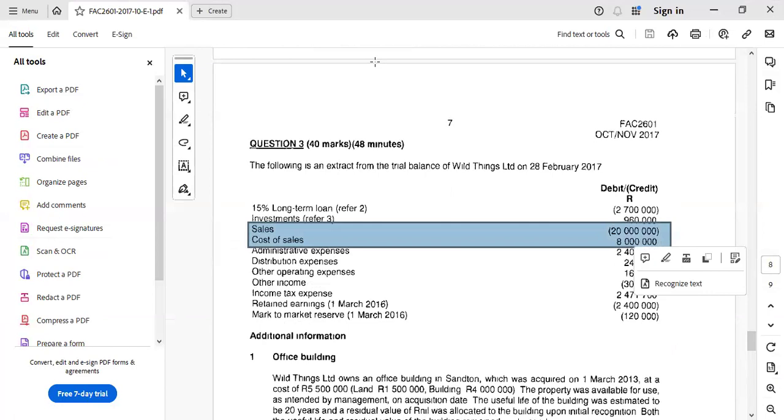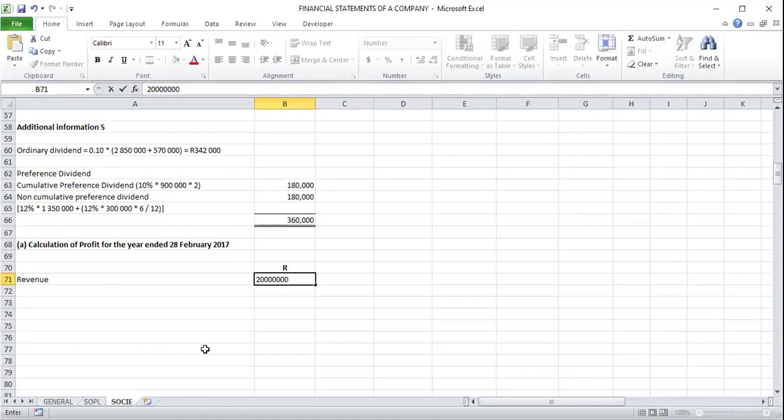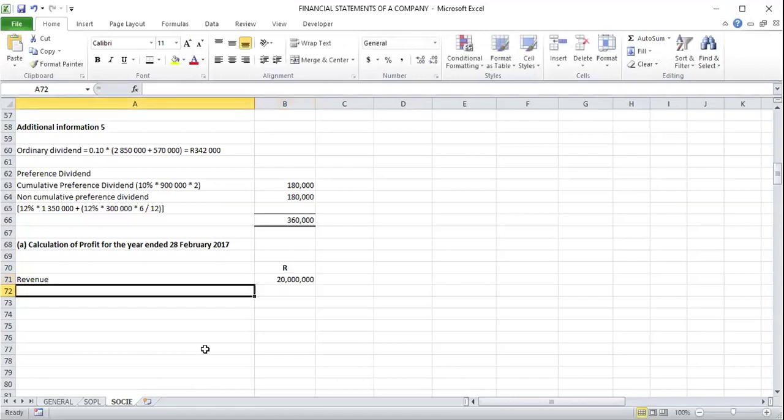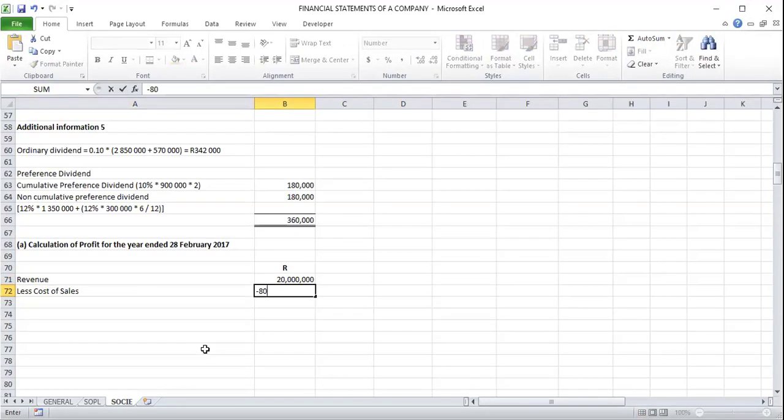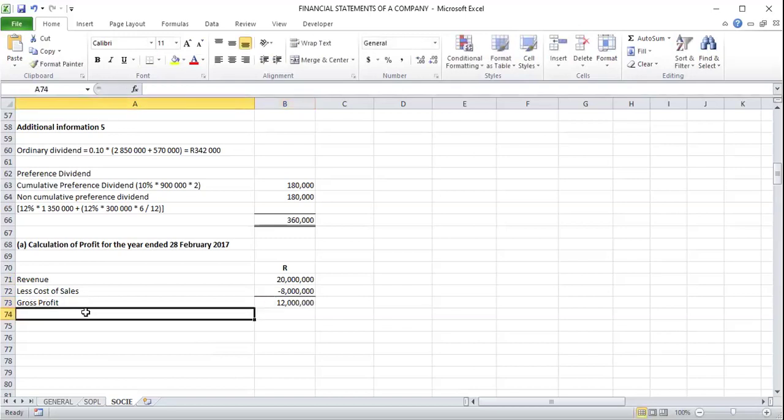20 million. Less cost of sales. Right. We get our gross profit. It will be 12 million. Right.